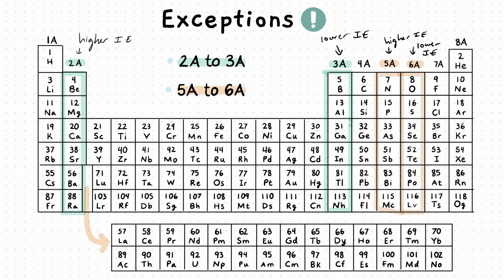Elements in group 3A are lower than elements in group 2A. Same concept for groups 5A and 6A. Since we are comparing nitrogen to oxygen, this is why oxygen has a lower ionization energy than nitrogen.